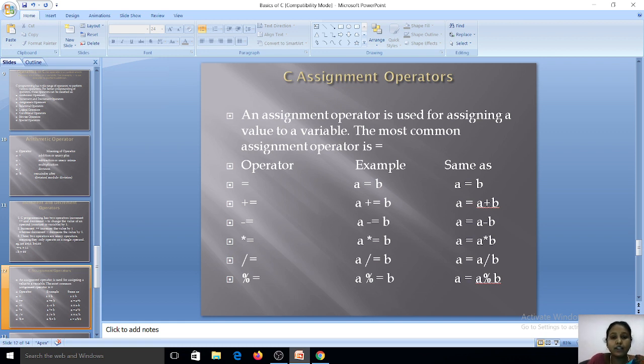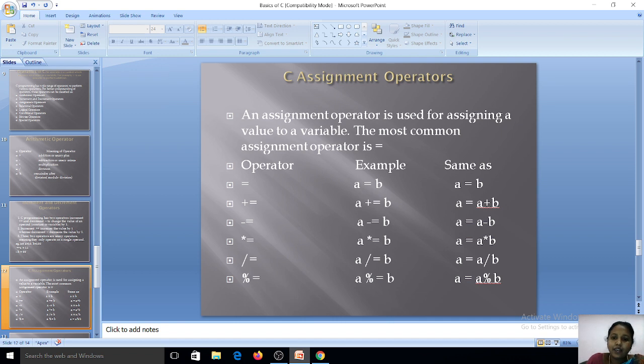Some shorthand operators are also used. See the example, plus equal to. A plus equal to B is the same as A equal to A plus B. When the same variable is present on the right hand side and the left hand side, we can use it as a shorthand operator. I hope you understand.